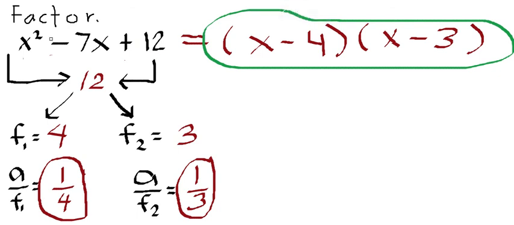So, ibig sabihin, kapag mapapansin nyo, laging 1 lang naman parehas yung coefficients ng mga x dito sa factors, no need na gumamit ng AC method na kompleto kapag 1 lang yung coefficient. Kahit hindi mo na ibigay yung a over f sub 1 at yung a over f sub 2. Diretso, kung ano na pala yung factors, yun na lang yung ilagay mo.